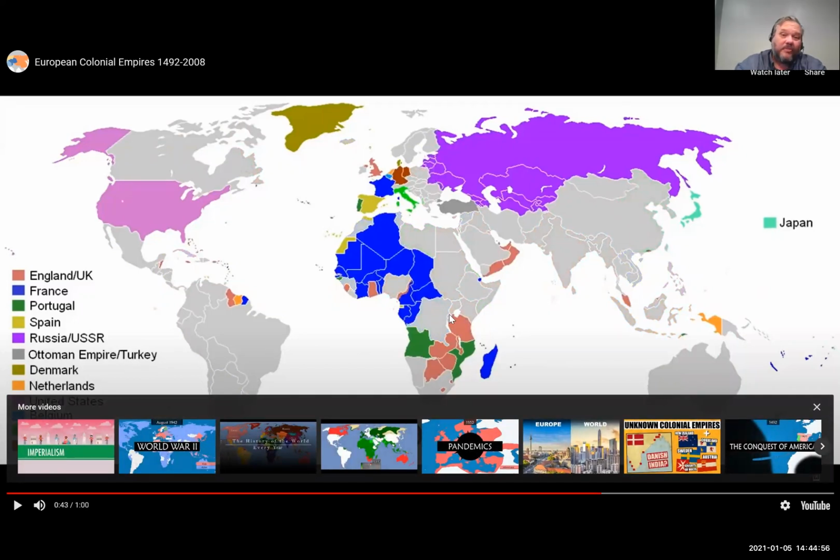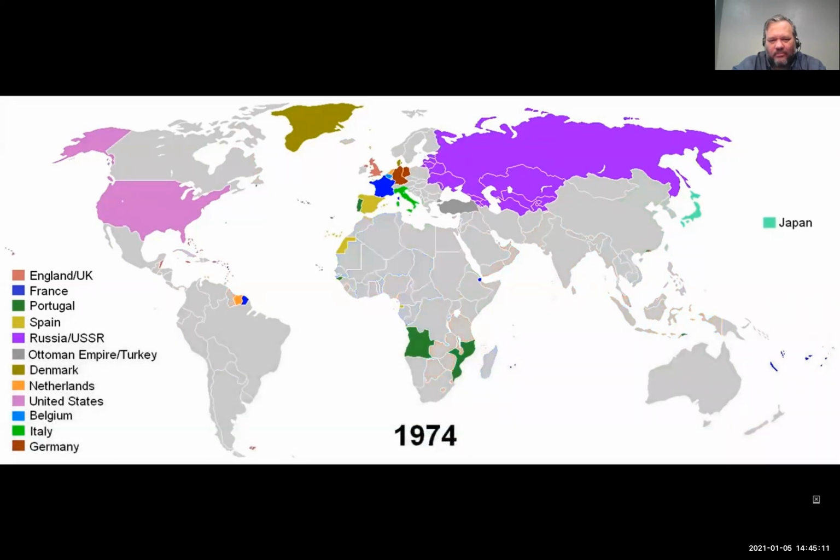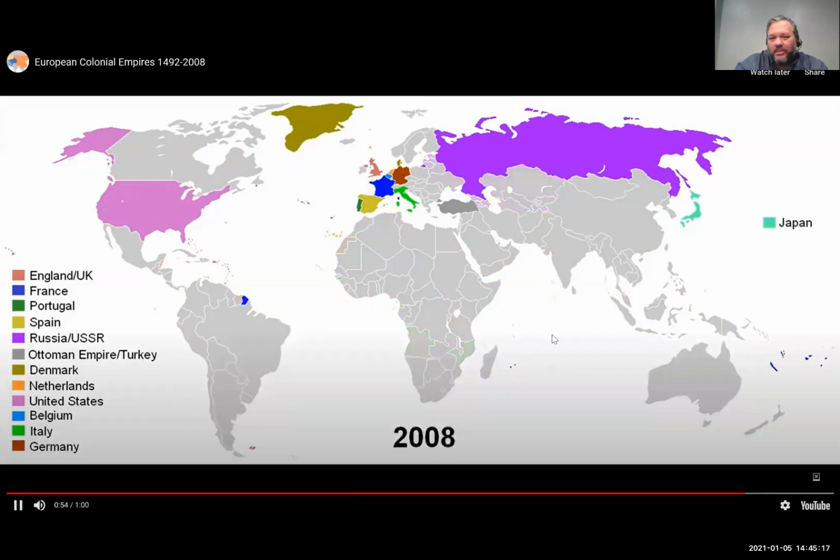After 1950 or so, we start to see colonialism shrink. It goes away. We end up with something called neo-colonialism, or new colonialism, which we'll talk about next section. You can see it expanded, and now it has come back.